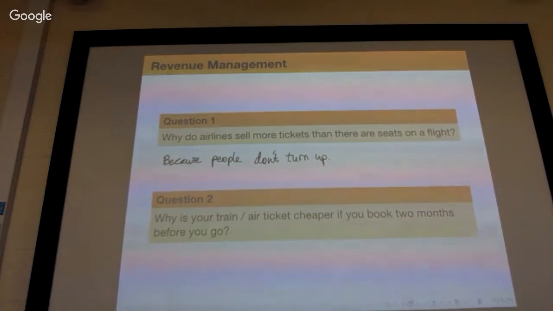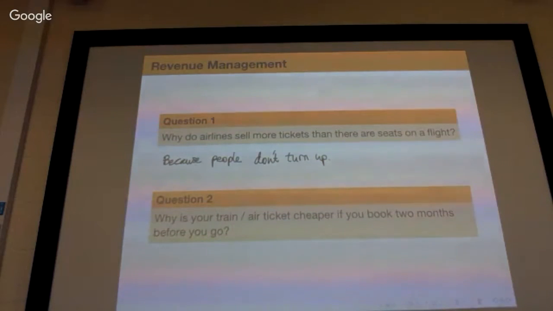Question two. If you just turn up at the station and say, I'm going to London, £460, please, thank you very much. 16 to 25 railcard actually. Oh, so it's only 380. So why is that?